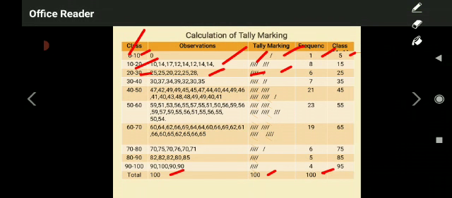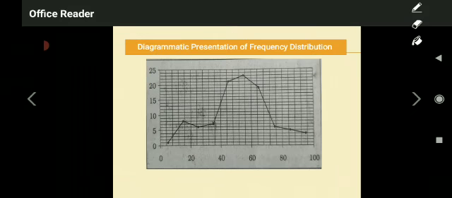Okay, now look at the diagrammatic presentation of frequency distribution. They may ask, explain the tally marking calculation with the help of a diagram. They may ask both calculation and diagram. Look at the diagram.